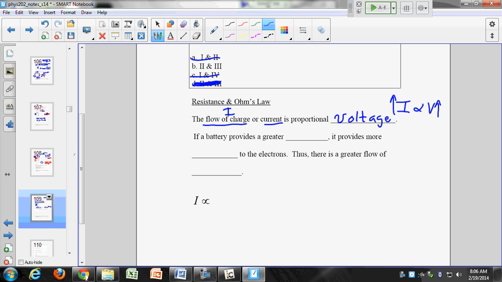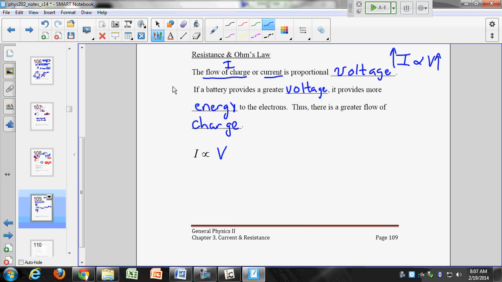If a battery provides greater voltage, it provides more energy to the electrons. Thus, there is a greater flow of charge. So I is proportional to our voltage, our potential difference. And Ohm's Law is going to describe the relationship between these.